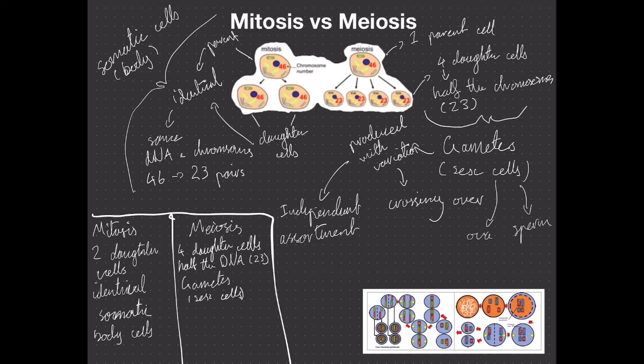And they are variable. This variation comes from two processes that we've discussed: independent assortment and crossing over.